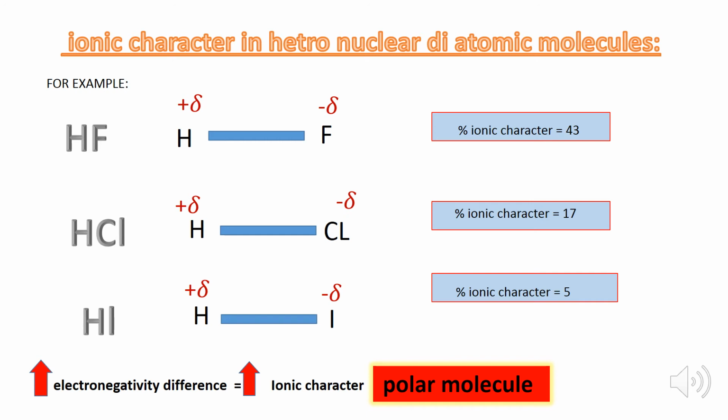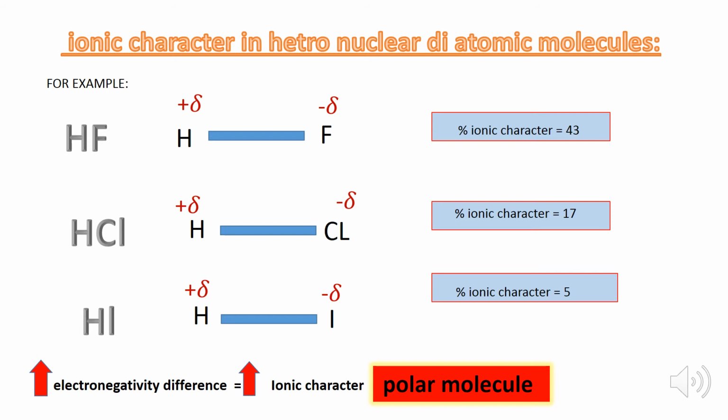Similarly, in the case of hydrogen fluoride, fluorine has a greater pulling of an electron towards itself, whereas hydrogen has less pulling power. As a result, partial poles are formed. Look here, fluorine has a partial negative charge due to the greater pulling power and hydrogen has a partial positive charge because it is an electropositive atom.